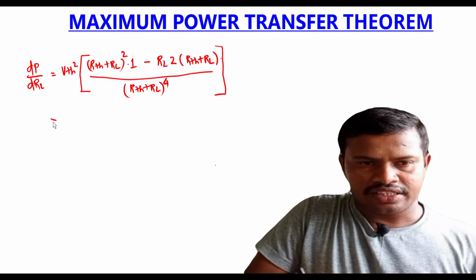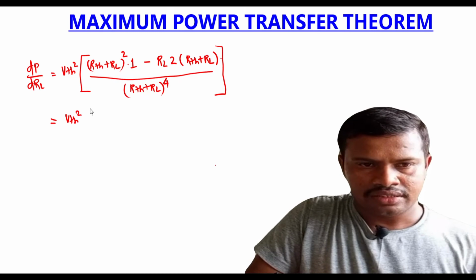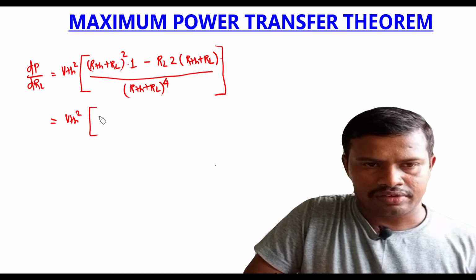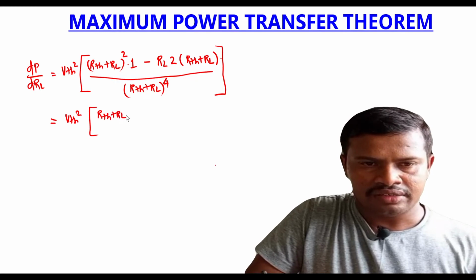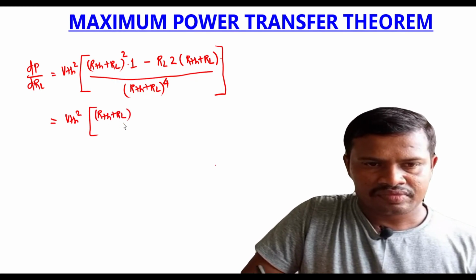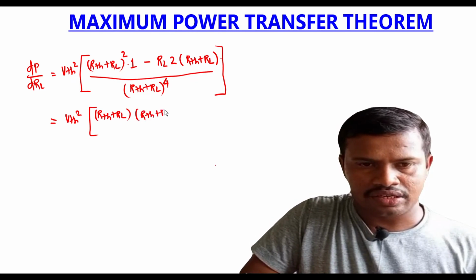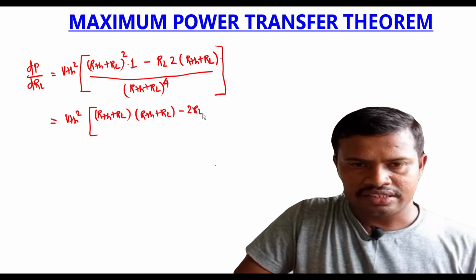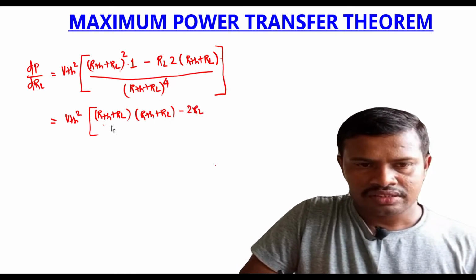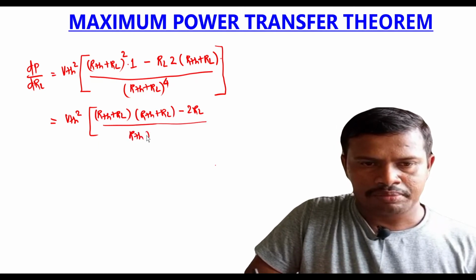Now to further simplify this equation, it will become VTH square into, we will take out one term, that is RTH plus RL, into RTH plus RL minus 2RL, divided by RTH plus RL to the power of 4.